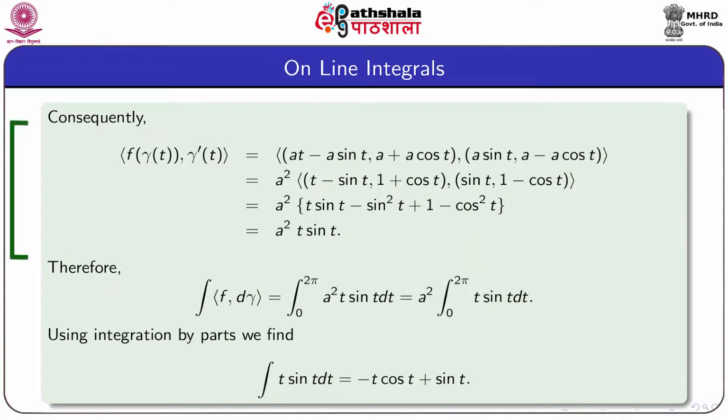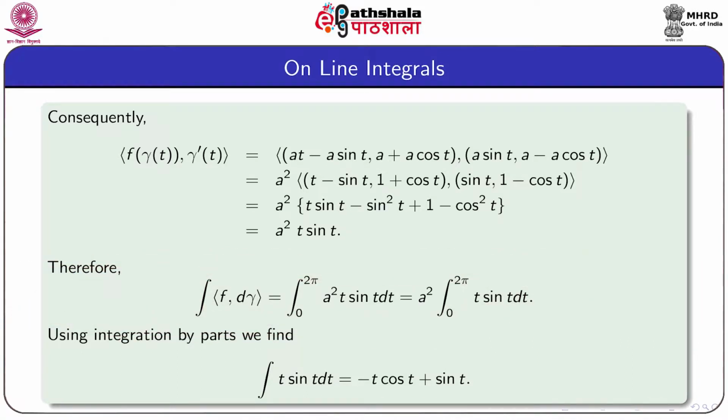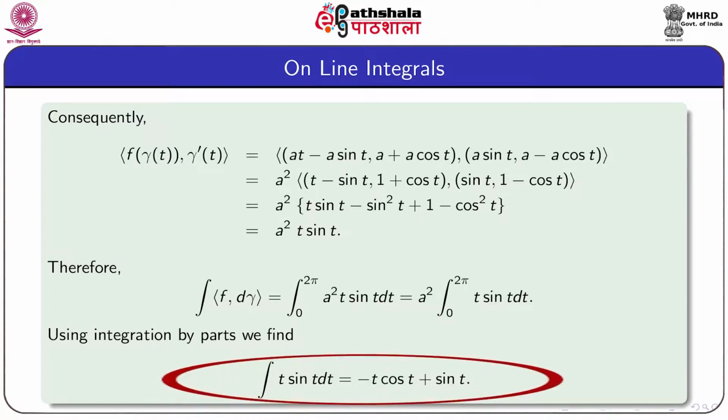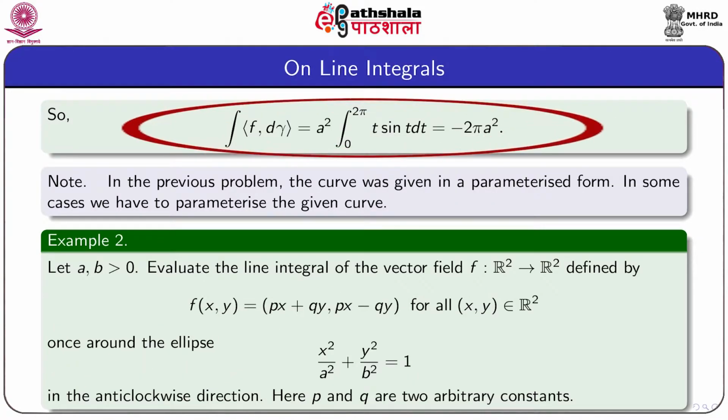Consequently, we calculate the inner product of f(gamma(t)) and gamma dash(t), and we find it is a square t sin t. Therefore, line integral f d gamma equals integral 0 to 2 pi a square t sin t dt. Using integration by parts, we find integral t sin t dt equal to minus t cos t plus sin t. Therefore, line integral f d gamma equals minus 2 pi a square.